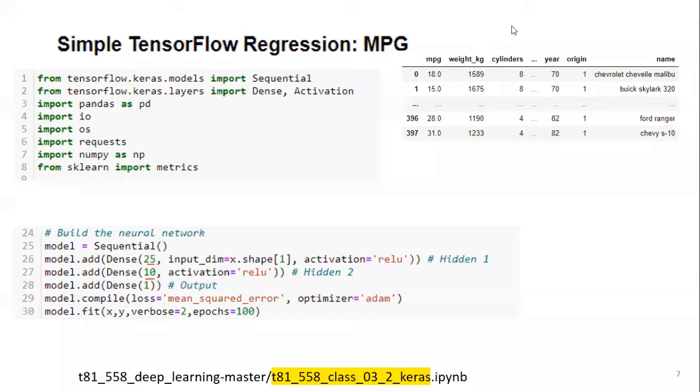Let me see if I can get this down at the bottom. Okay, so you saw 2 examples of neural networks in module 3.2, which you must have done some time back. The first example was a regression example, and it used the miles per gallon example from Jeff Heaton.